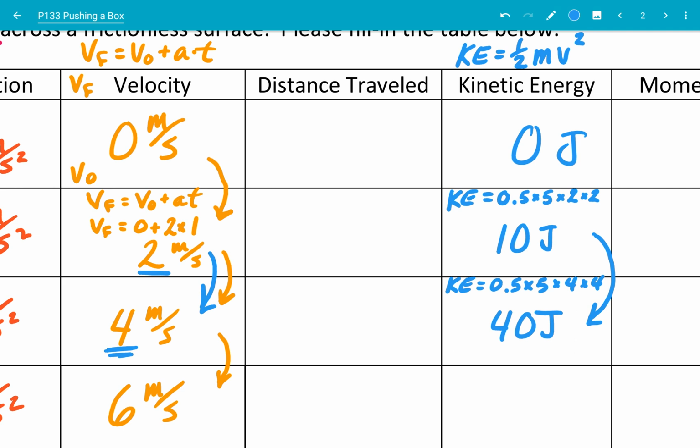For the next one, we're going to calculate it similarly, but instead of the 4s, we'll have 6s. And so you guys can do that. But what we're going to do here is use our little cheat to go backwards. We're going to use our kinetic energy to calculate our distance traveled. So we're going to be going this way to find distance traveled.